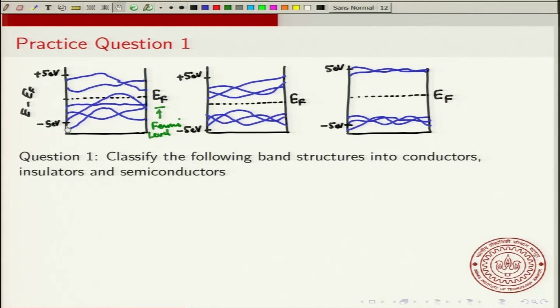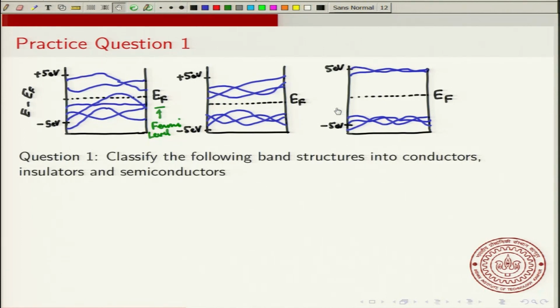That means this is 5 electron volts above the Fermi level, and this is 5 electron volts below the Fermi level.